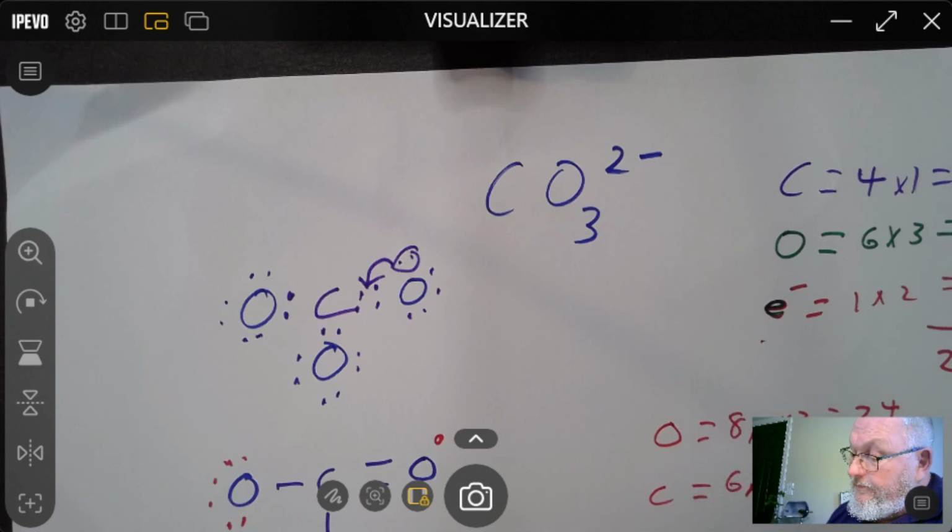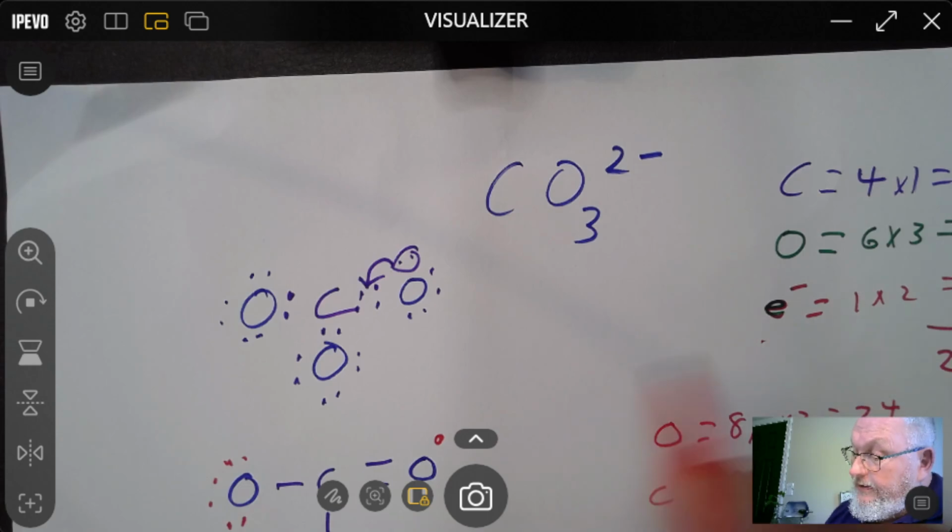Electrons: oxygen has 8 total, or 24. Carbon has 6 electrons times 1, that's 6, so 30.